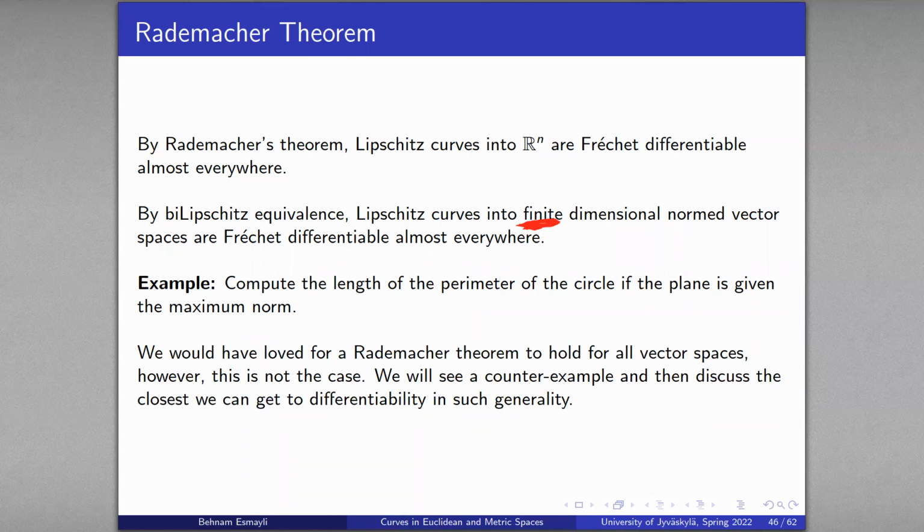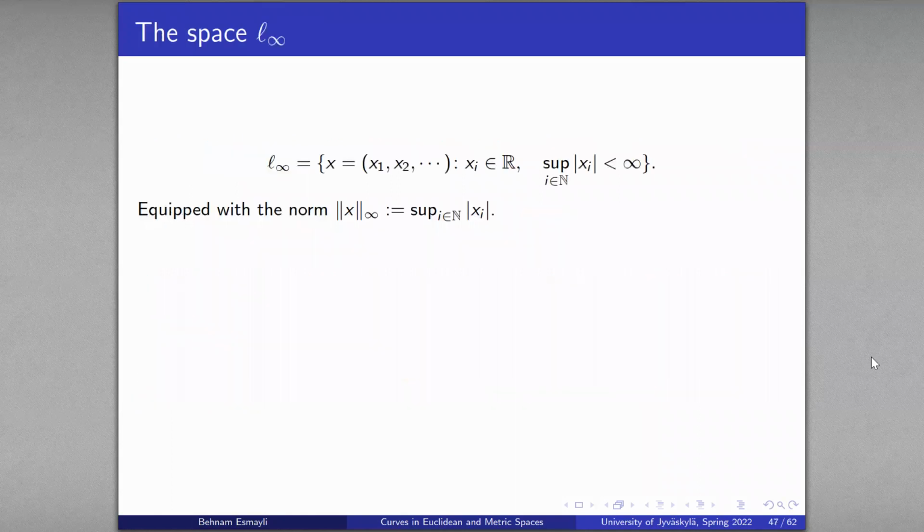We will see a counterexample, and then we will also discuss how close we can get to any sort of differentiability in such generality. But for both of these, we need to introduce some infinite dimensional vector space, and a good one is the space L infinity.